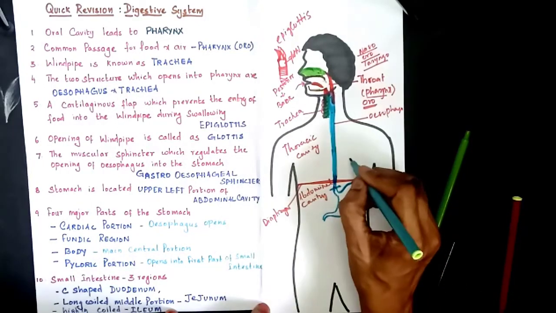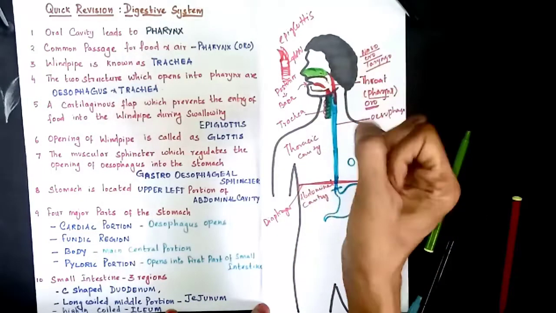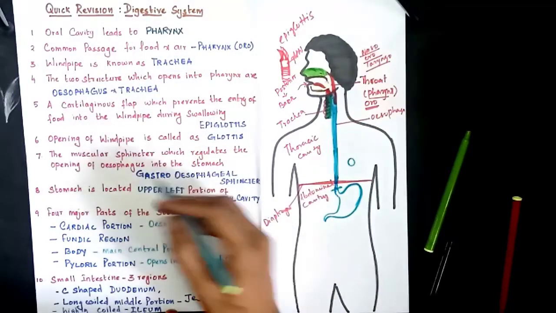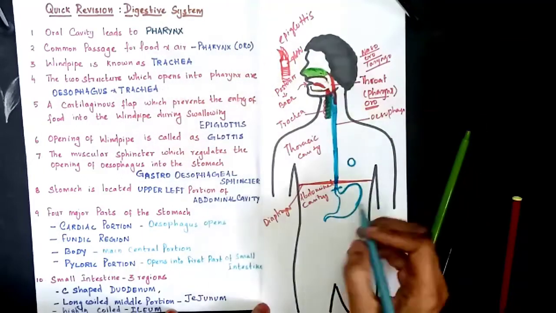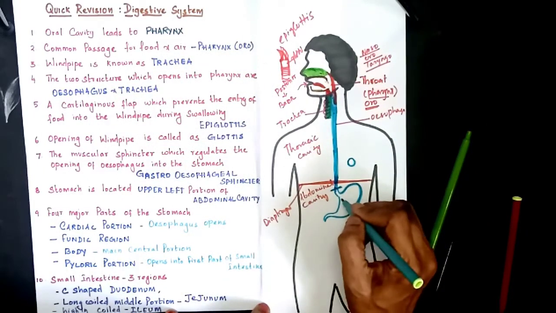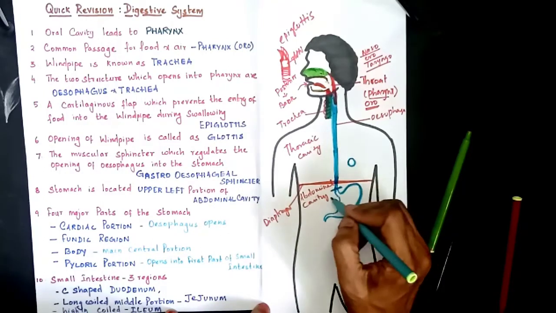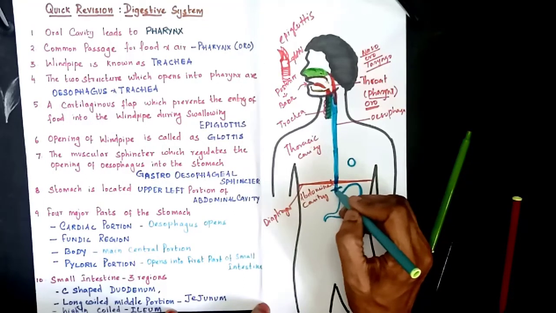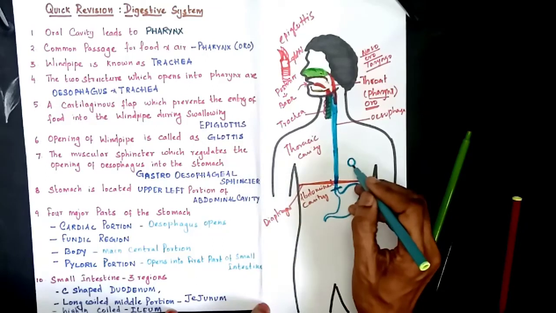Sphincter means a circular, ring-like muscle which opens and closes. This muscular sphincter helps in opening and closing of the esophagus into the stomach. This is called the gastroesophageal sphincter. Very easy to remember: gastric region is related to stomach, so gastro and esophageal sphincter. The ring of muscle which regulates the opening of the esophagus into the stomach is called the gastroesophageal sphincter.